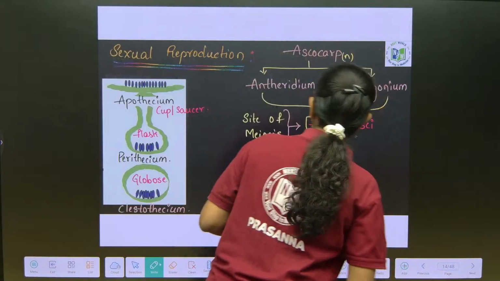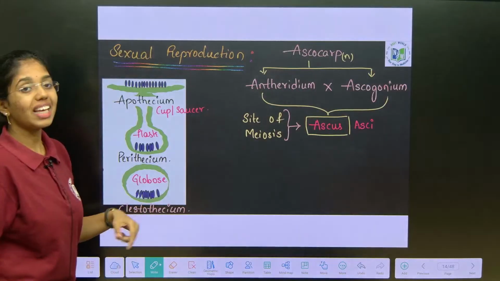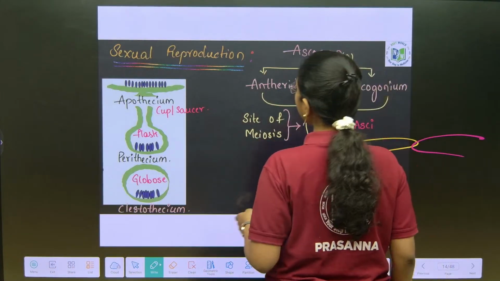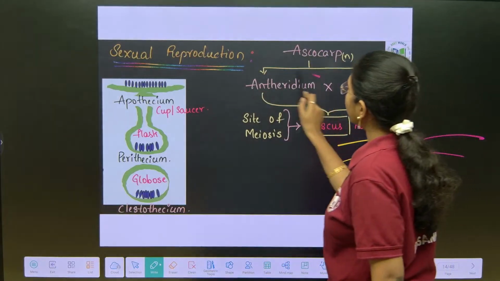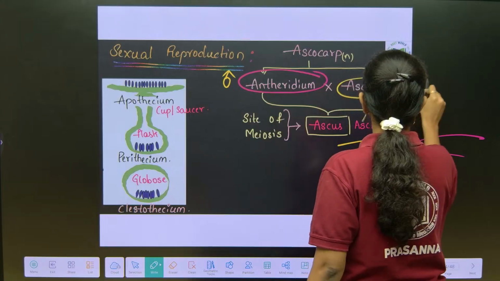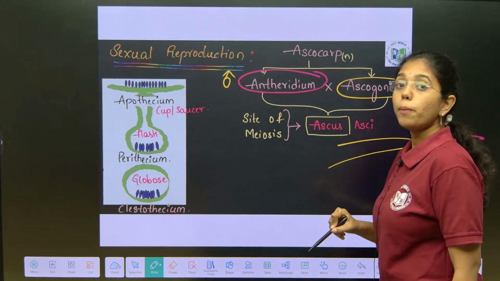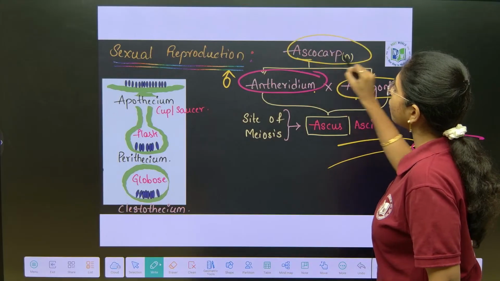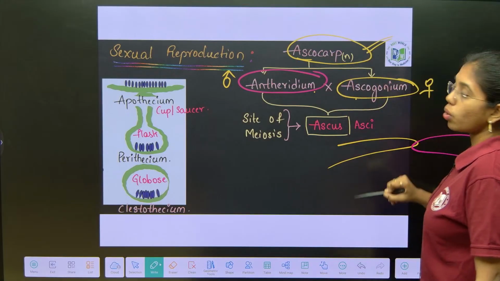Clear, right? And then sexual reproduction is after the fusion of male and female sex organs. Here the male sex organ is the antheridium. The female sex organ is the ascogonium. Post fusion, specialized hyphae are formed, those are ascocarps.